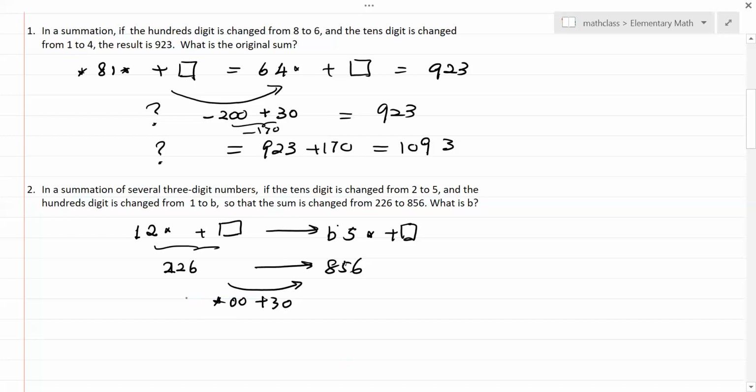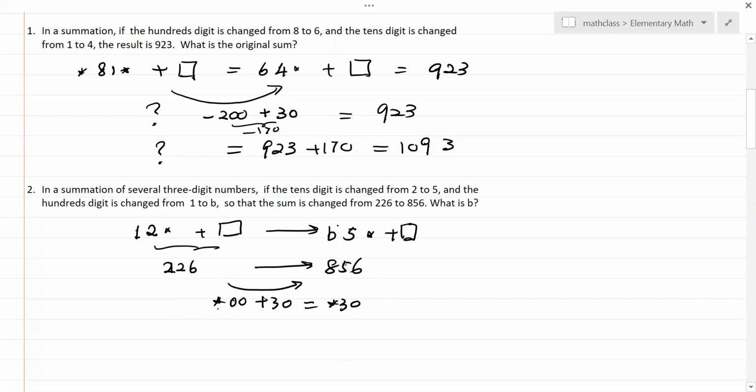In order to increase, the total is some star 30. You have to add maybe 400 or 600 in order to get 856. The 6 is still 6, and the 2 to 5 is 3 already. So this star must be 6.